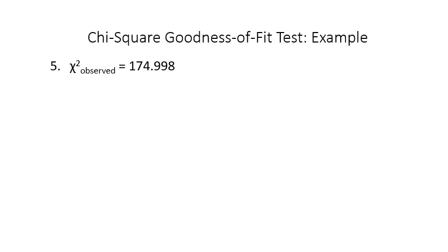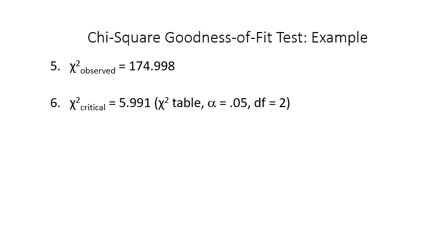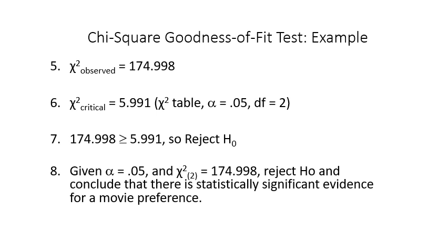So our chi-squared observed is 174.998, or you could put 175.00 if you were rounding to 2 decimal places. Our chi-square critical from the chi-square tables is that 5.991 I said would come back quite often. Since 174 is greater than 5.991, we reject H0.